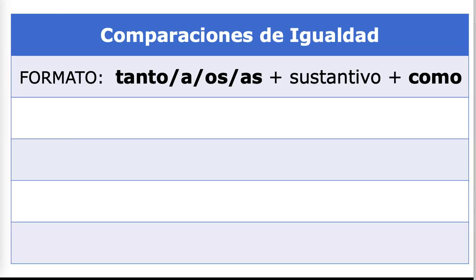With nouns, if we're comparing nouns, it's the same format except you use the words tanto, tanta, tantos, or tantas. And as we all know, nouns rule. Whatever gender or number the noun is will determine which version of tanto we use.